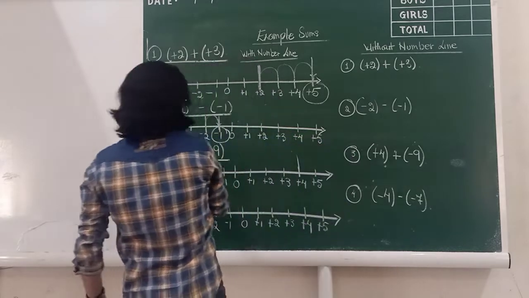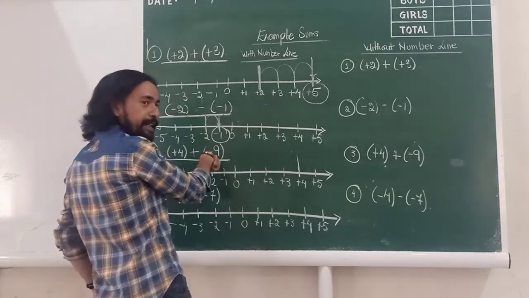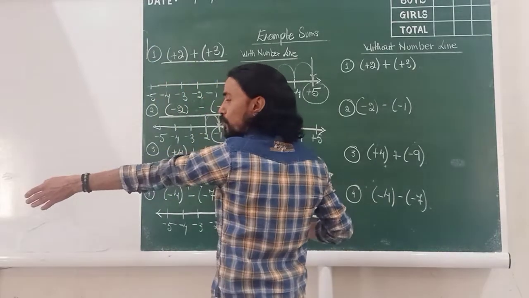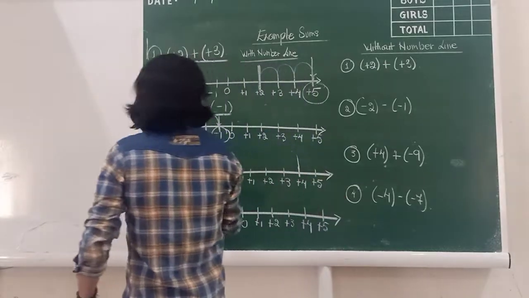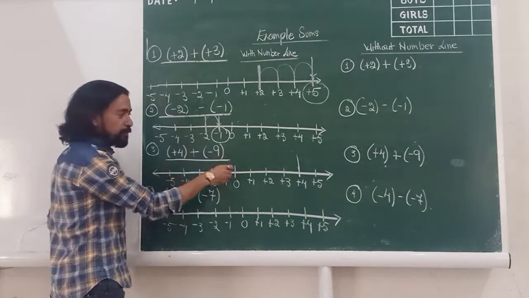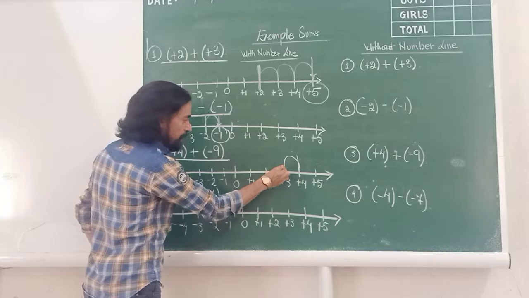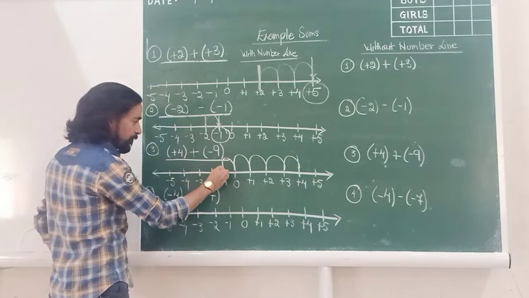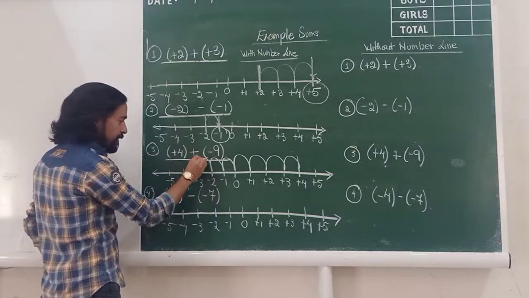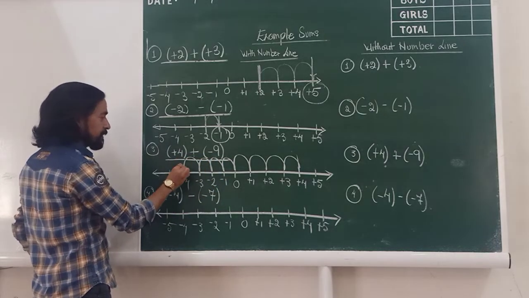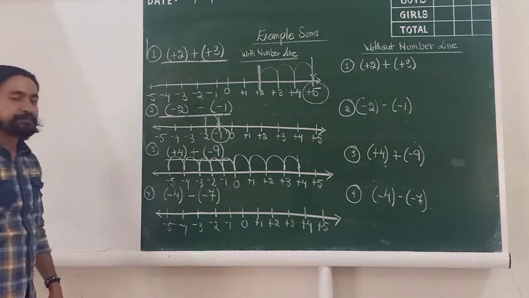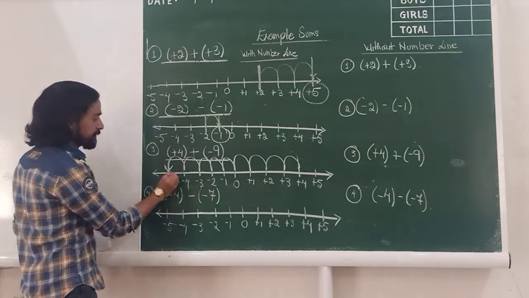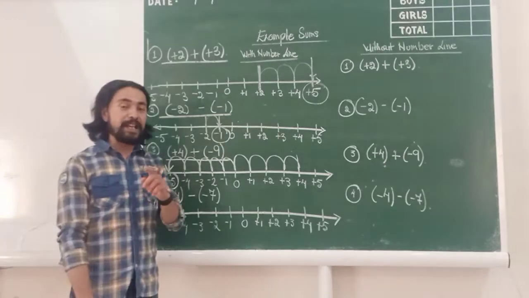Subtract negative. I have to add negative. So which direction am I to move? To my left. How many places? 9 places. 1, 2, 3, 4, 5, 6, 7, 8, 9. What's my answer? -5.